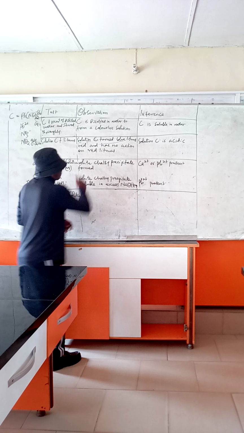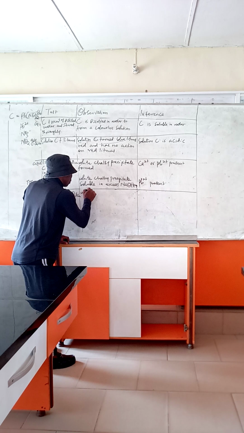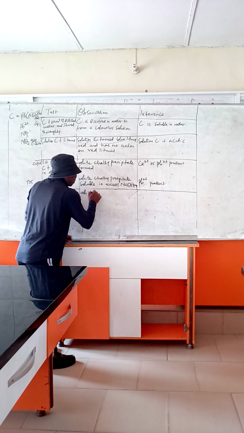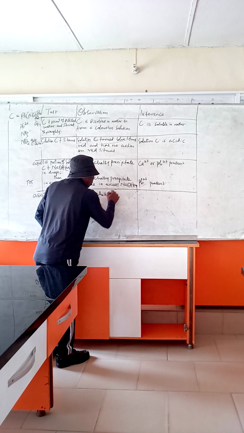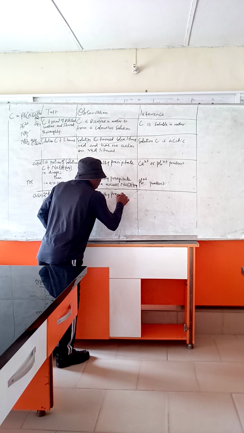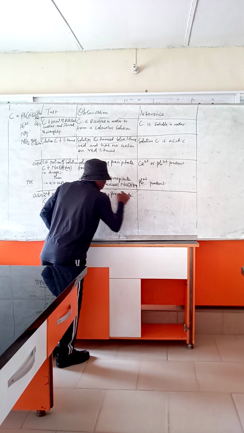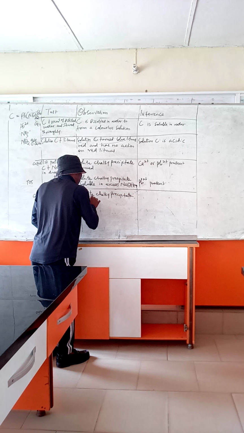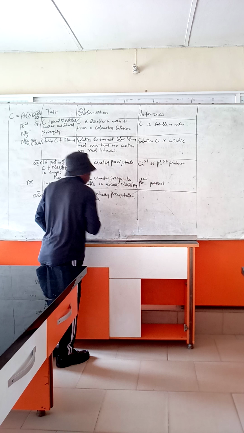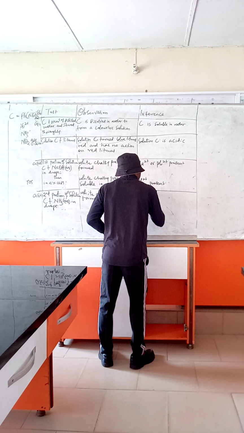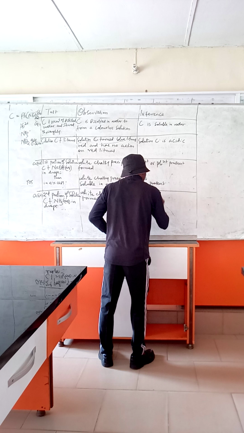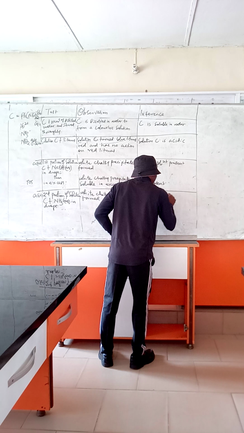in drops you could also observe white chalky precipitate. White chalky precipitate forms. And the inference will also be Ca2+ or Pb2+ present.